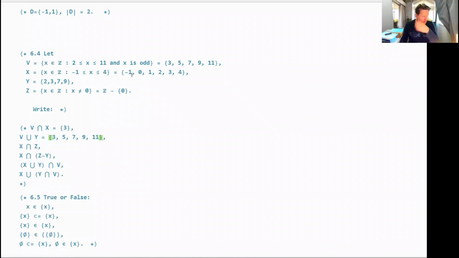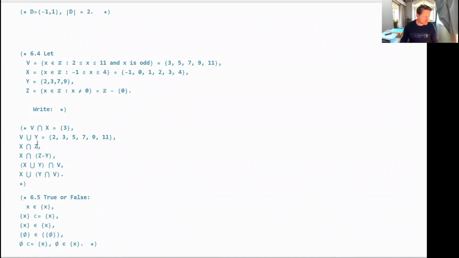So that was V. Now we have the elements of Y. Okay, these as well. So here, okay, but you can see we have some duplicates, so let's omit the duplicates. So 3 is duplicate. 7 is duplicate, and 9 is duplicate. So 2, 3, 5, 7, 9, 11.